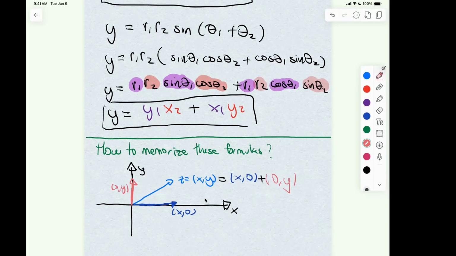That is what the sum rule allows you to do, right? Because what is x plus 0? That's x. What is 0 plus y? That's y. So this is fine. And that's why I'm drawing the picture, so that you see that this works nicely.